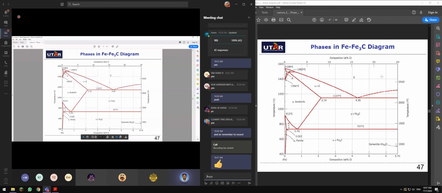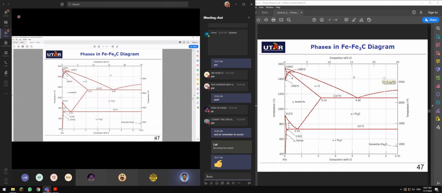For the sake of this lecture, we call that the iron carbon phase diagram. So in this iron carbon phase diagram, you have a few microscopic structures of iron in addition to carbon.